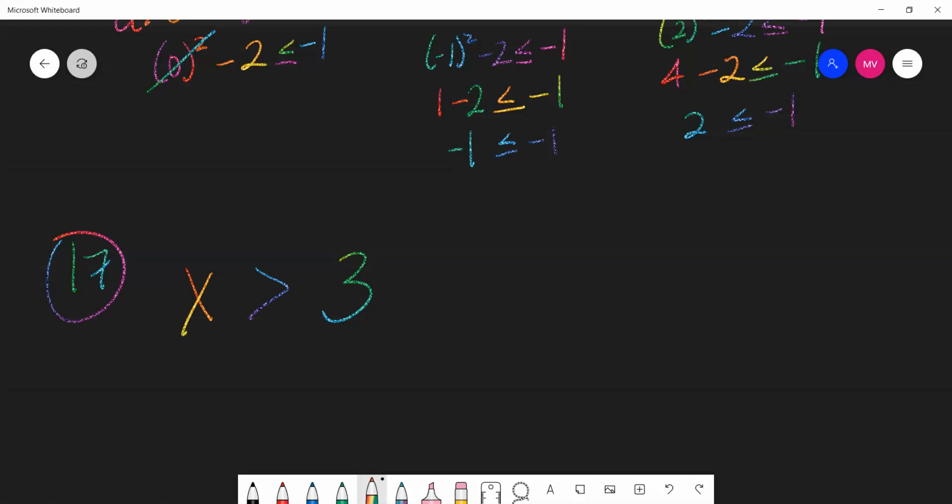So what's the negated inequality we can get for this? Right. X is not less than or equal to 3. Remember, if the equal to part is not included in your true inequality, then it must be included in your negated inequality.